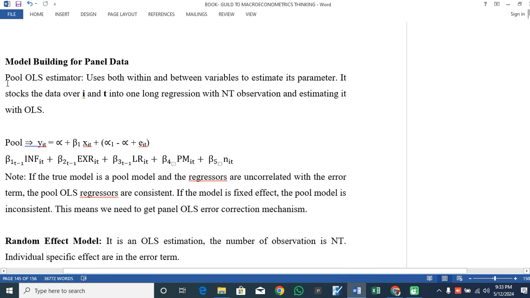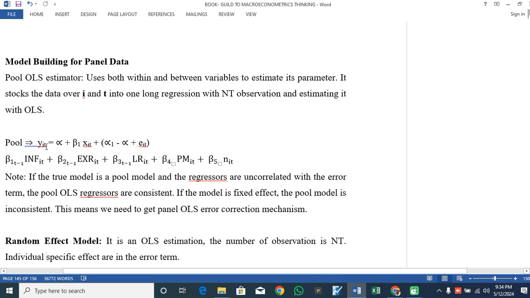And in panel data, we have the pooled OLS estimators, which use both within and between variation to estimate the parameters. It stacks the data over i and t, where i is cross-section and t is time period, into one long regression with NT observations, estimating it with OLS. Then the pooled estimation is expressed as this.